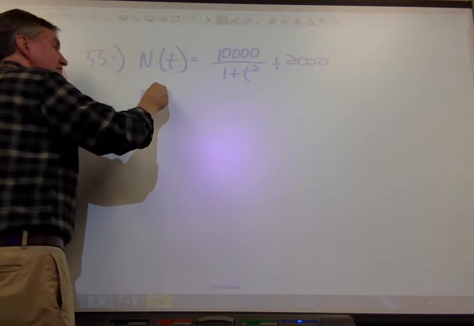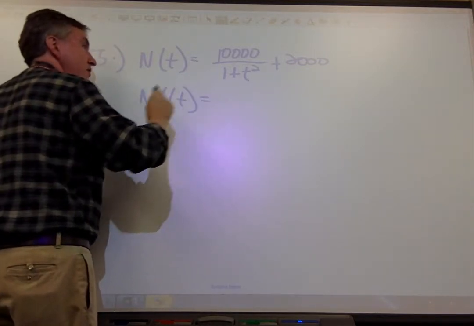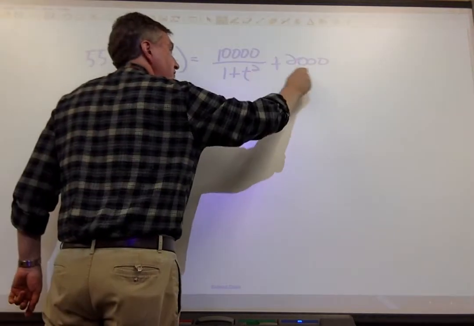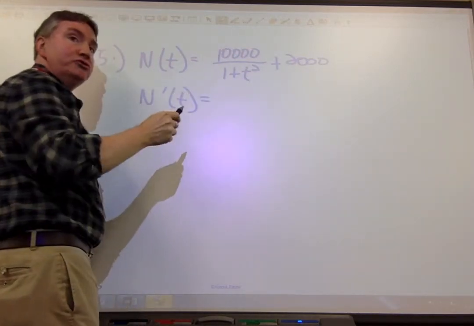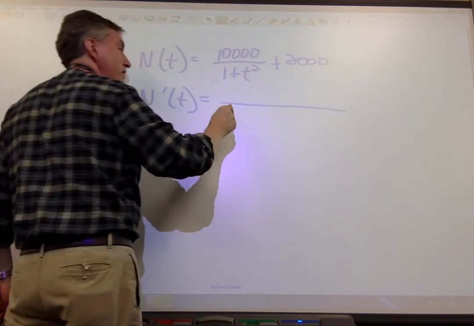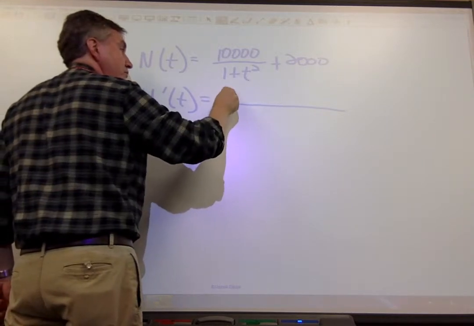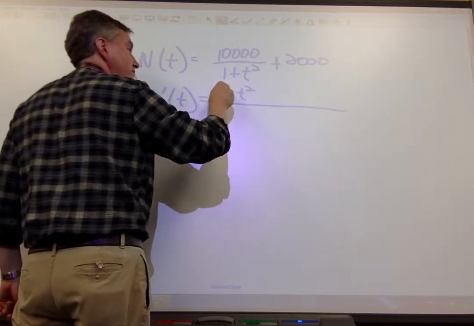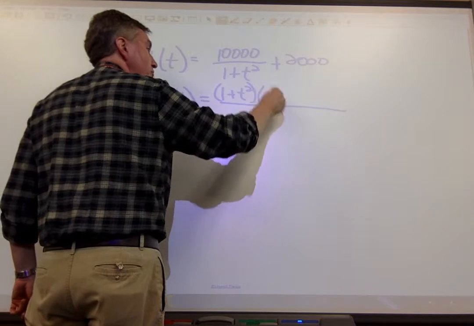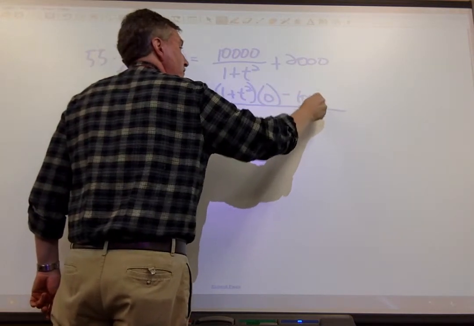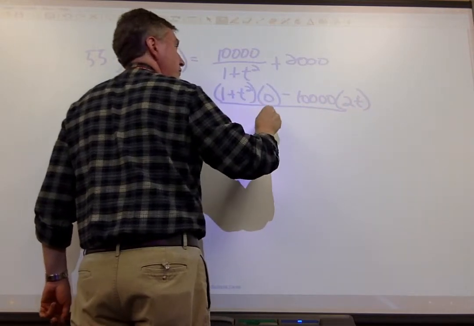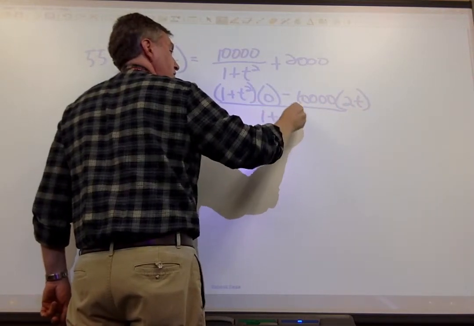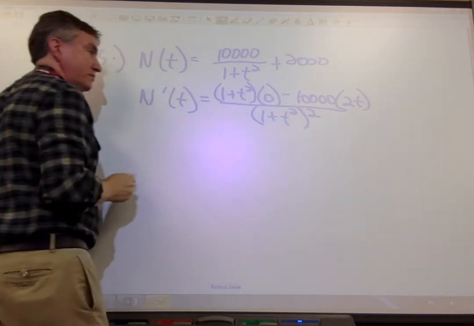So if I find N prime of t, you agree with me that the derivative of the constant is 0. So I'm just going to find the derivative of this by the quotient rule: denominator times derivative of numerator minus the numerator times derivative of denominator, over denominator squared.